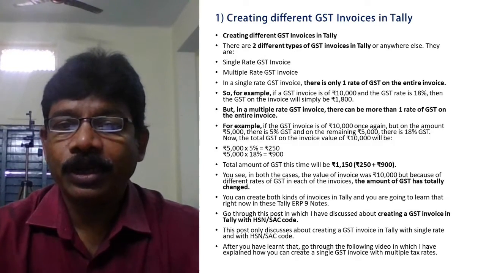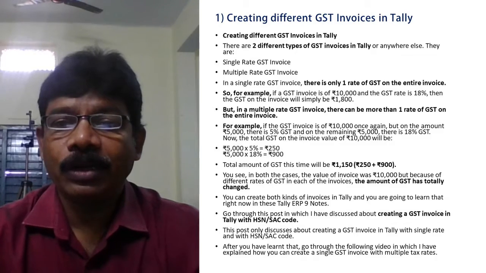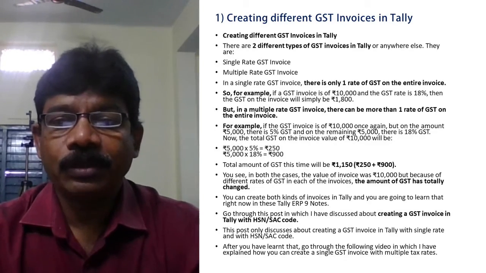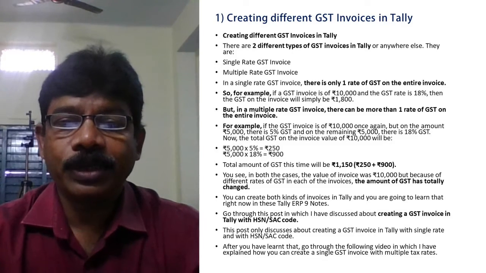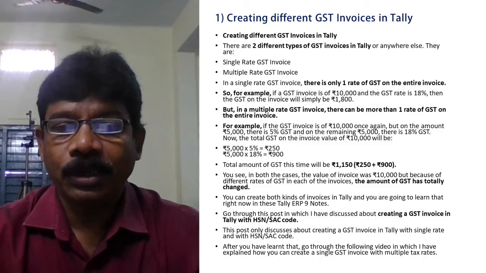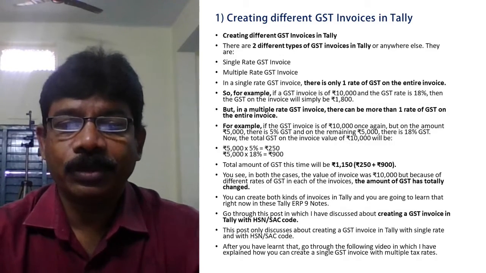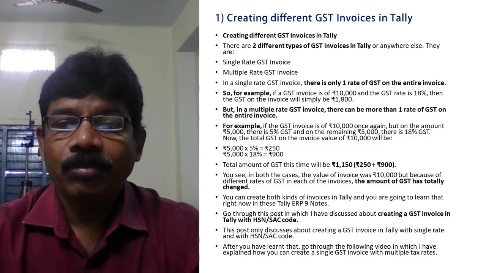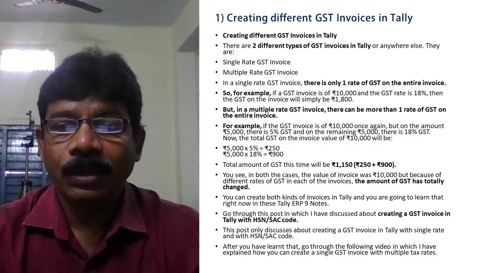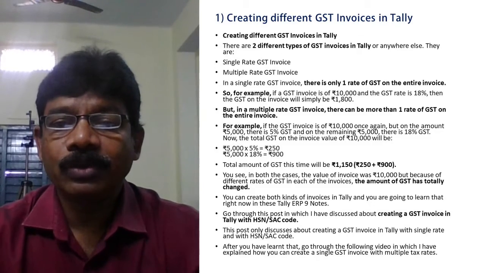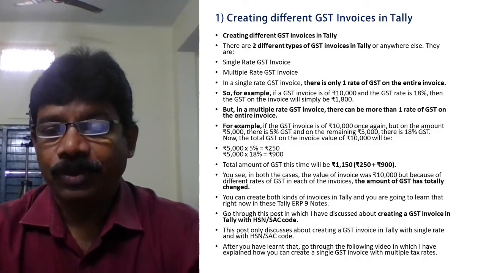So in a single rate invoice, there is only one rate of GST. For example, if 10,000 is for 18%, then we will calculate the GST 1800. If there is an invoice of 10,000, but 5,000 is 5% and remaining 5,000 is 18%, then how to calculate, we learn in this video.